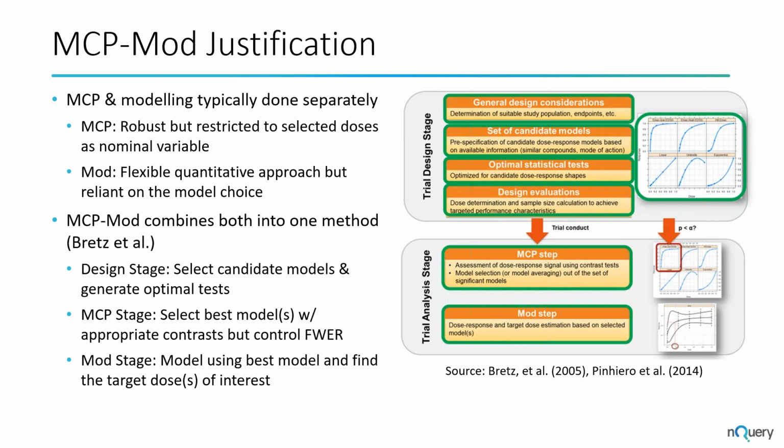So the benefit of this approach is that you are able to do this selection in such a way that you don't inflate your type 1 error. And then at the modeling stage, you can fit the best model or maybe models and examine the dose response curves to find the doses of interest that can be carried forward into a phase 3 trial.